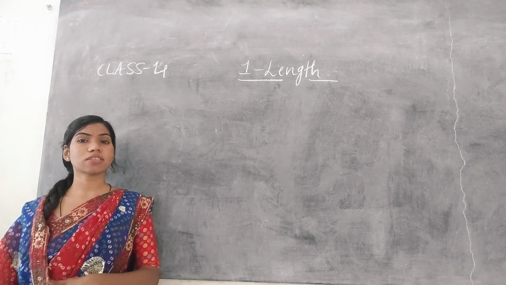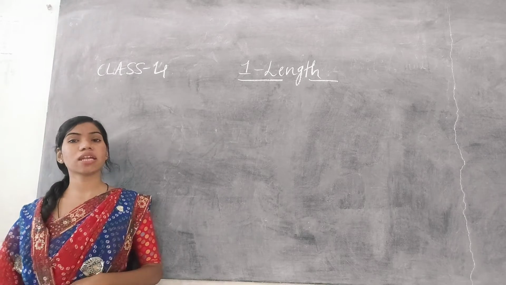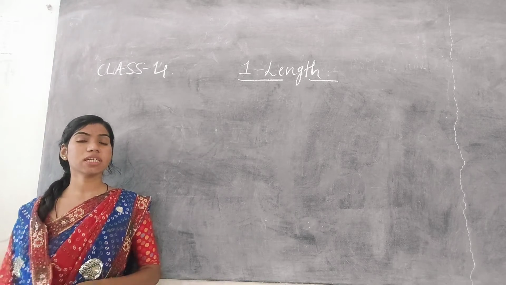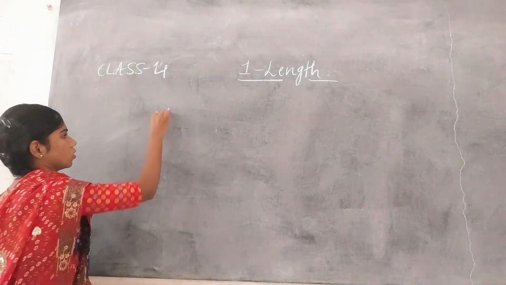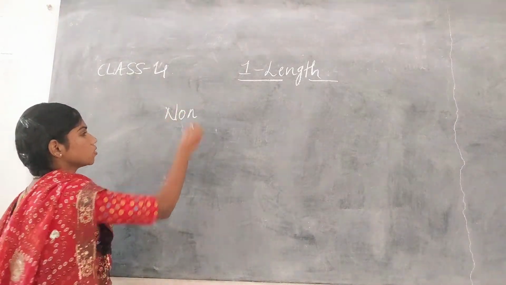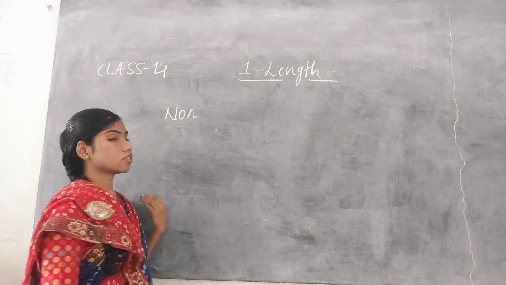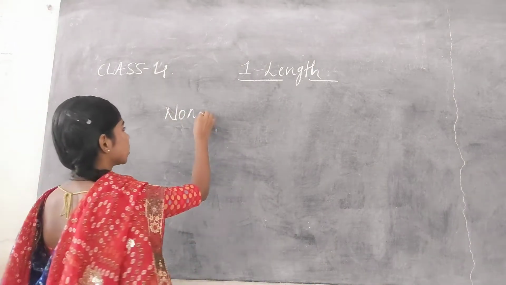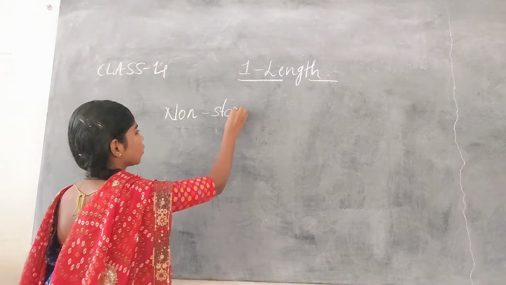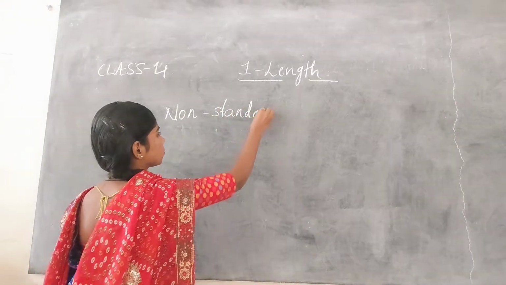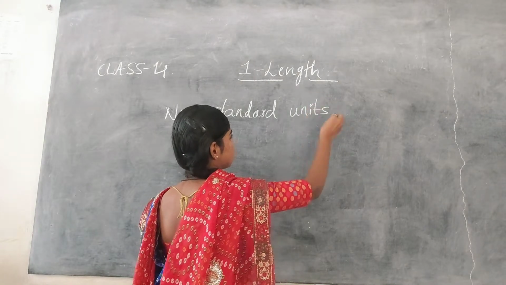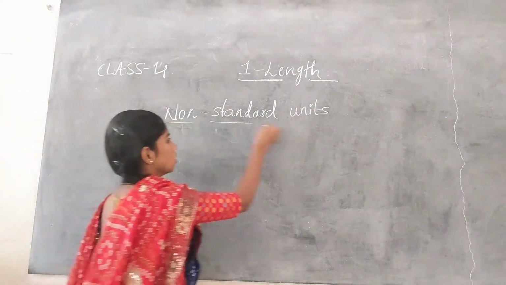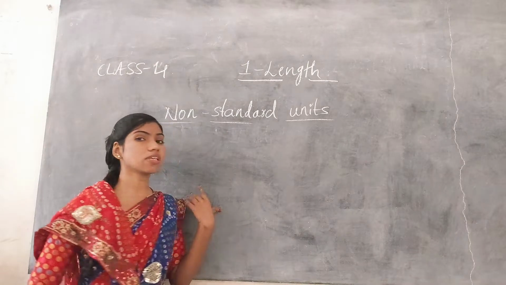There are some standard and non-standard units to measure the length of objects. Which are the non-standard units?